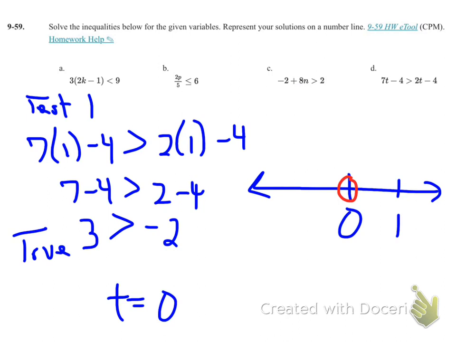So since the number to the right worked, I shade that direction. So now that is my answer on a number line. Written with an inequality would be my variable t. Going to the right is greater than. It is an open circle, so I leave it as greater than. And my boundary point is 0. And that finishes up problem 59.